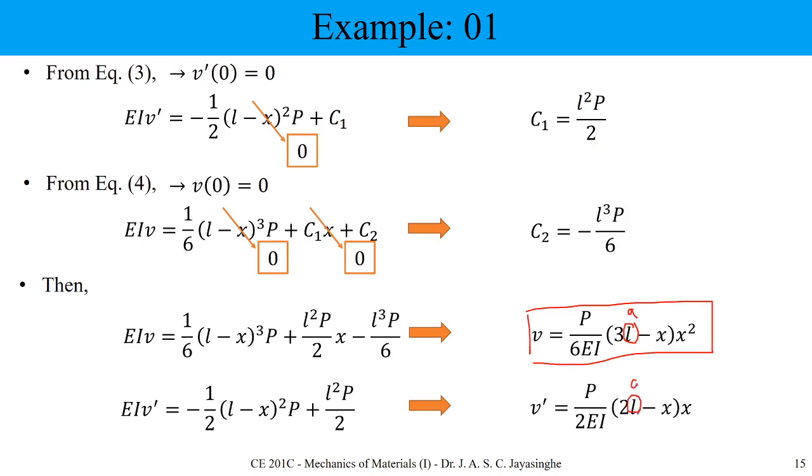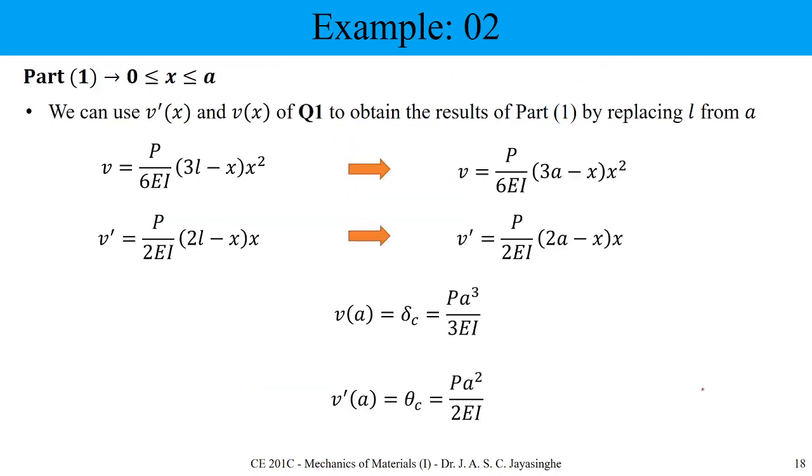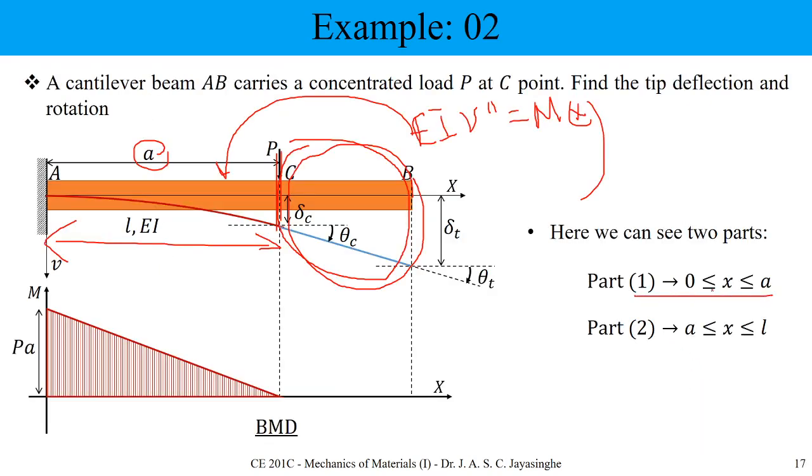Now we can directly write down these two portions, 0 to a. This behaves as a cantilever, and this component again has no bending moment, 0. Because of that theta is not going to change, it stays theta c, and with respect to this theta c you can determine the deflection at any place based on the geometric arrangement or geometric relations.